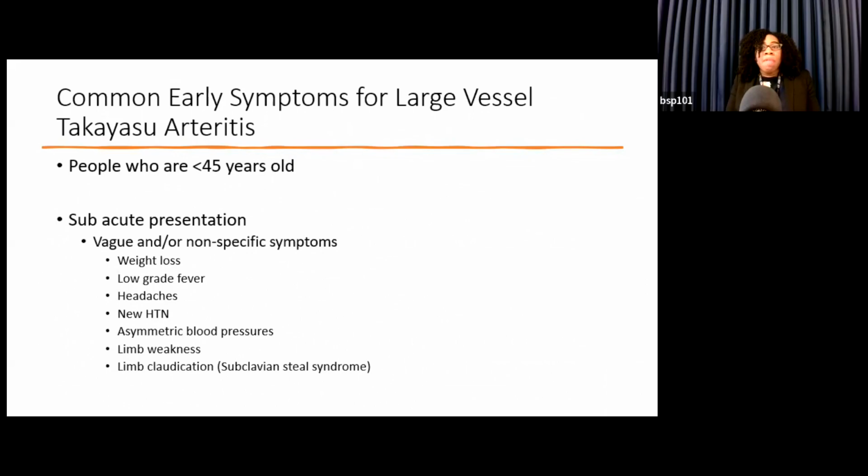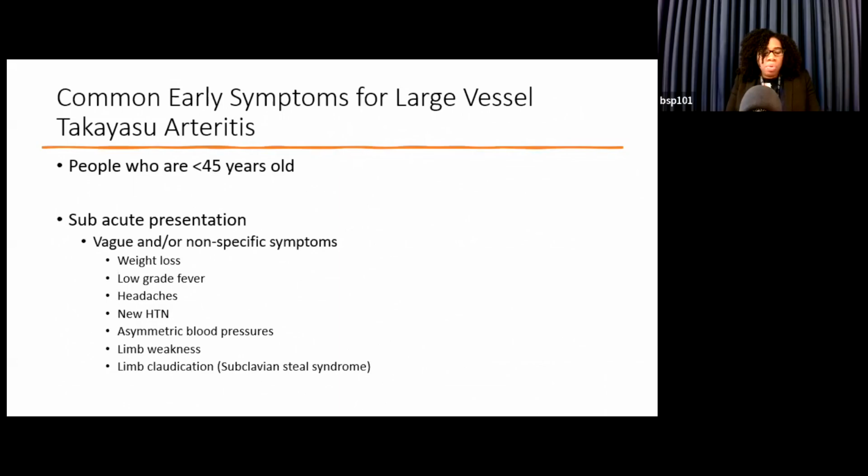In particular, subclavian steal syndrome can be seen, where people feel faint, dizzy, and can even have vision changes and headaches. And if you see that when a person is raising their arms or doing any light activity, you want to be wary of this.